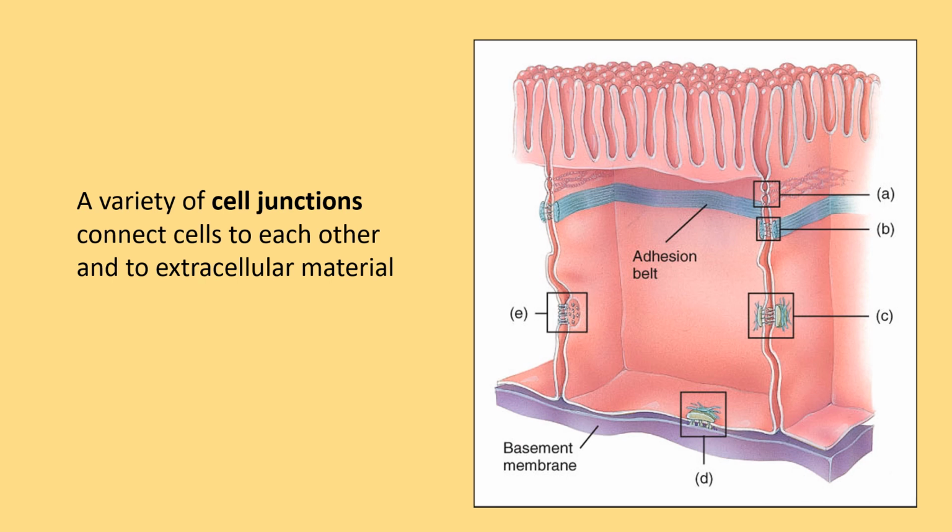Whereas tissue paper, and not just tissue paper, but wet tissue paper, is analogous to the delicate lining of the air sacs in your lungs, that simple squamous epithelial tissue. So for any given tissue, the cells that make up that tissue, how they are connected to each other, and how they're connected to their extracellular material, all lend to the physical characteristics of any particular tissue.